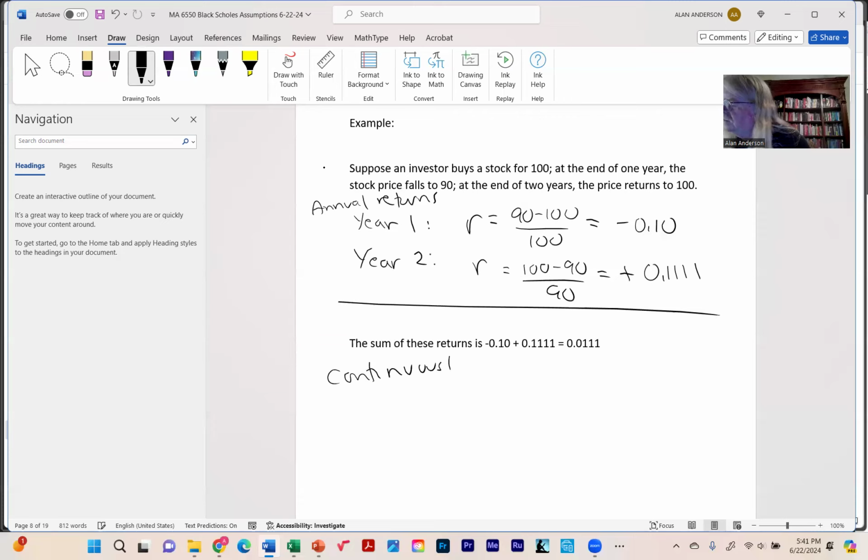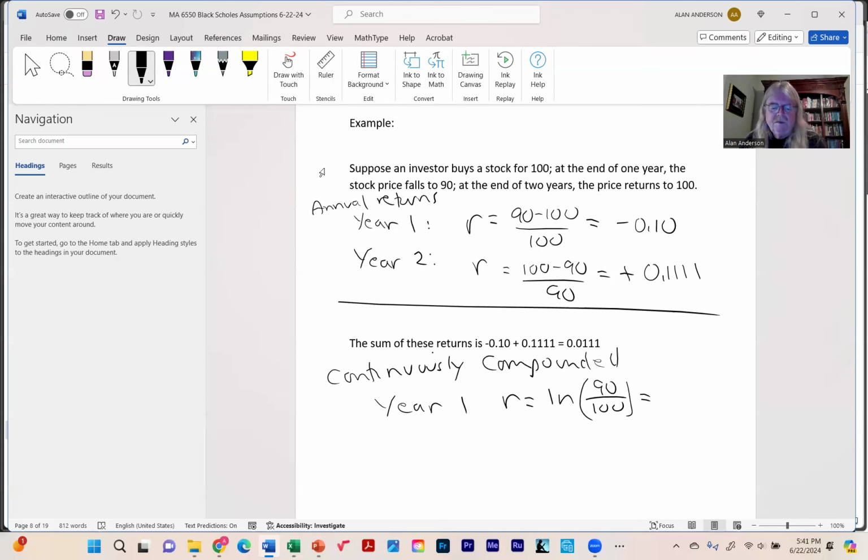So the log of 90 over 100, the log of 0.9, is about negative 10.53%. Year two, with a natural log of 100 over 90, which is positive 10.53.